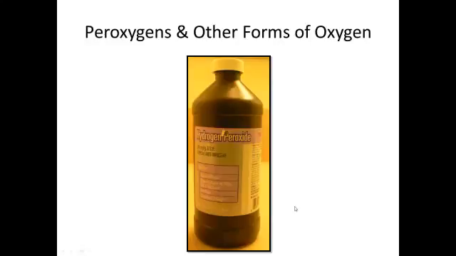Alright, let's talk about peroxygens. Hydrogen peroxide is the most common form. Okay, they are known as active forms of oxygen. Hydrogen peroxide is H2O2, and generally speaking, in the amount that we use for antisepsis, it's not toxic to humans because you have an enzyme called catalase that breaks hydrogen peroxide, H2O2, into water, H2O, and oxygen, O2.